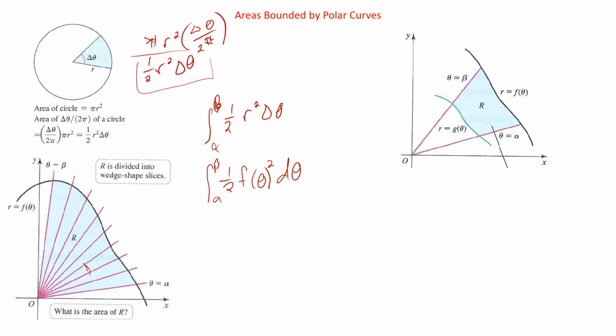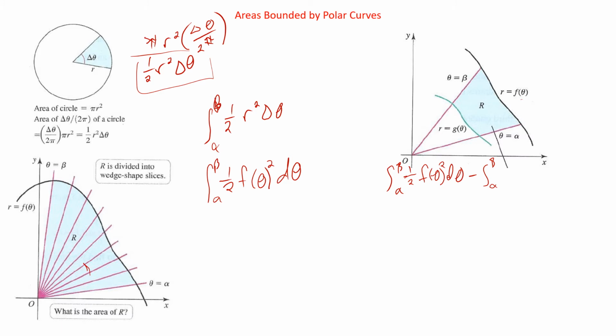Well, just like with washers, we're going to take the big area minus the small area. So this is going to be the area from alpha to beta of 1/2 the big one, f of theta squared d theta, minus area from alpha to beta.